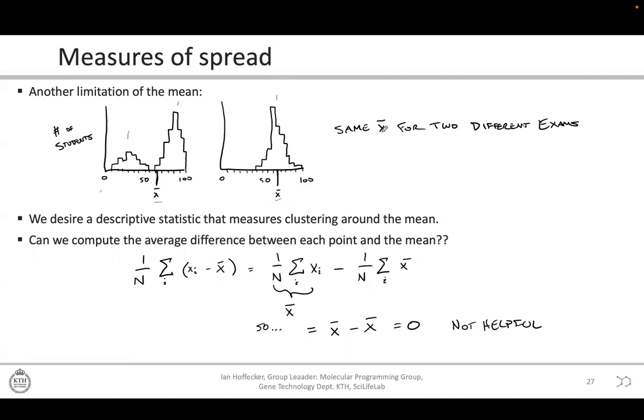If this is the only number that we're presenting, then we could be losing a lot of information that might be important for understanding this system. So we want another descriptive statistic that we can use to represent how much the data is clustered around the mean, or in other words, the spread.